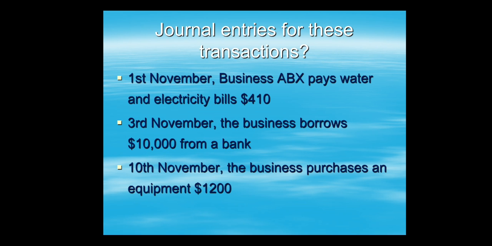So debit utilities expense account. The amount is 410. In accounting, when a business pays bills like electricity, water, internet, we record this in an account called utilities account.